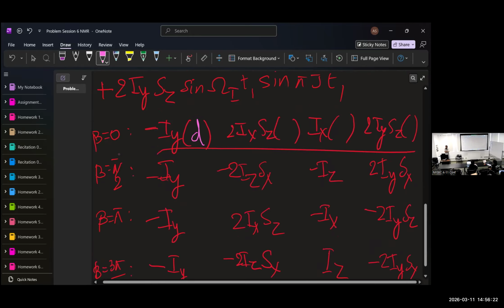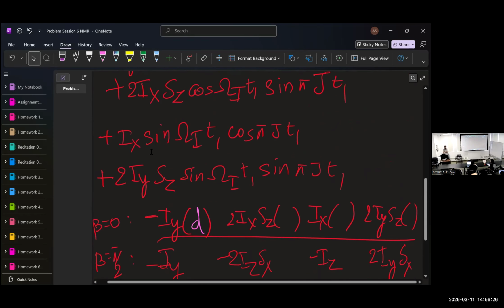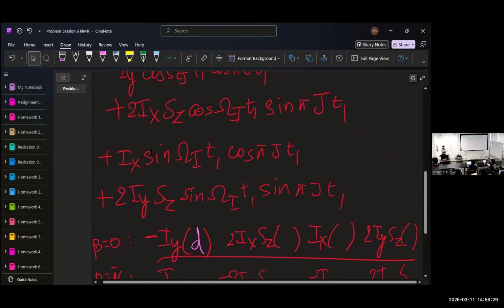Let's look at the 2IXSZ, go up to the trig terms. For IXSZ, what's its frequency during T2? Omega I, it's omega I because it's IX.